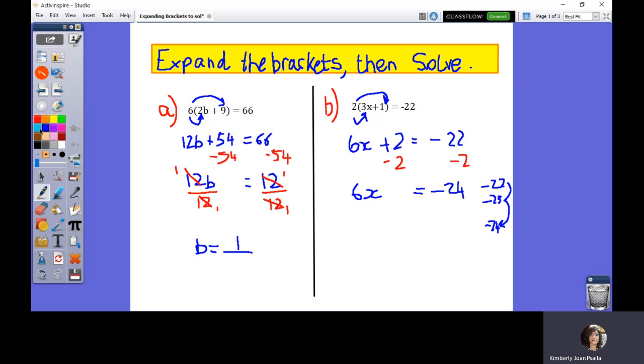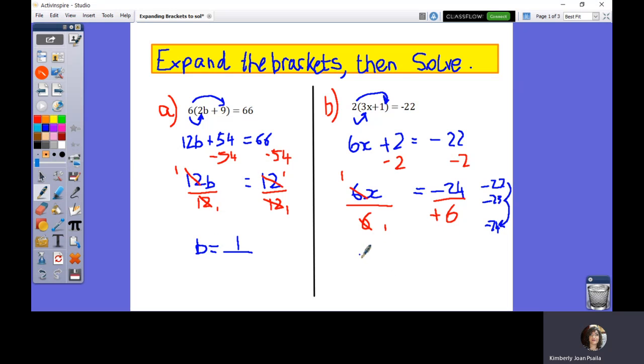We have to get rid of this 6 by dividing by 6 on the left, and so on the right. This simplifies with this. That should leave us with a 1. Now minus 24 divided by a positive 6.